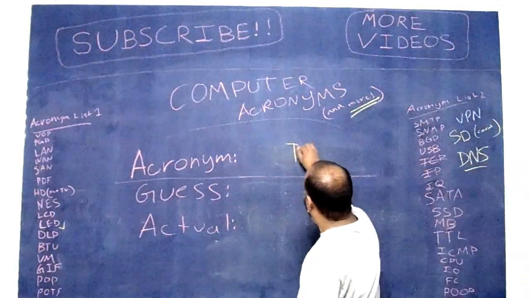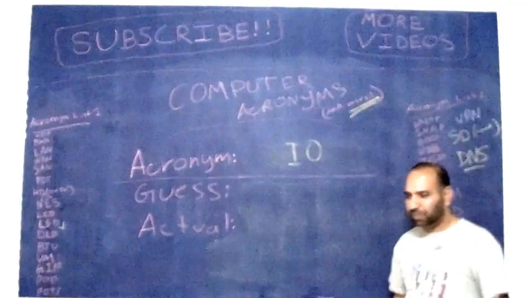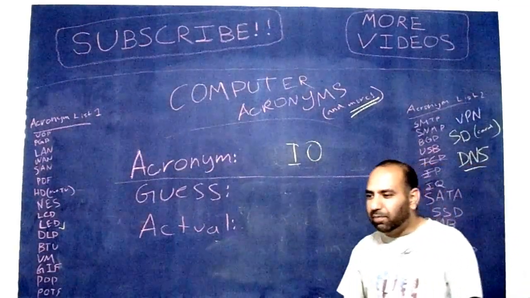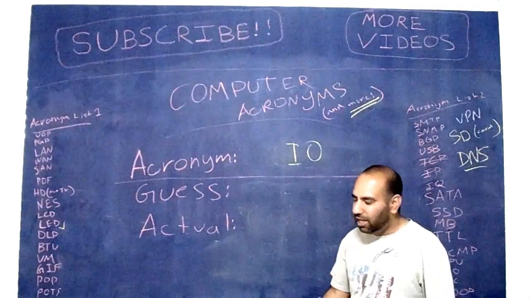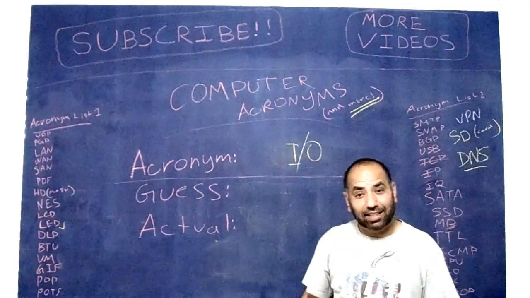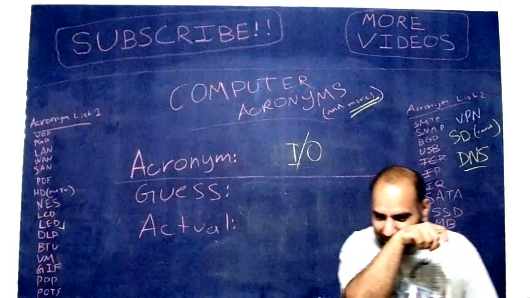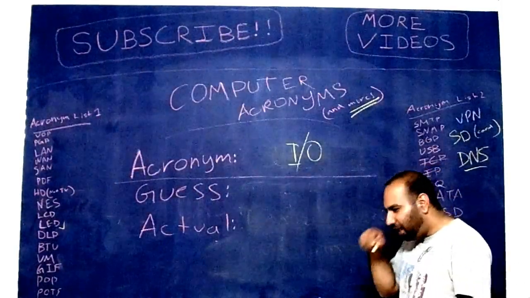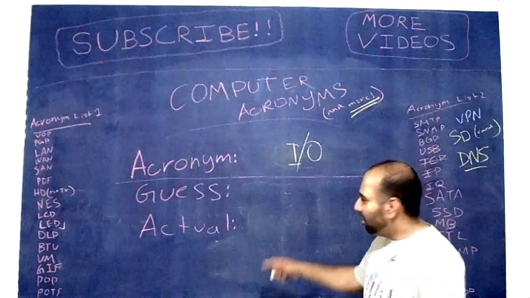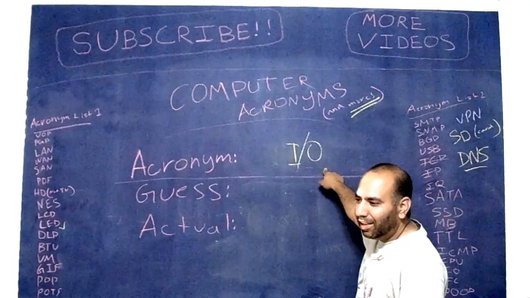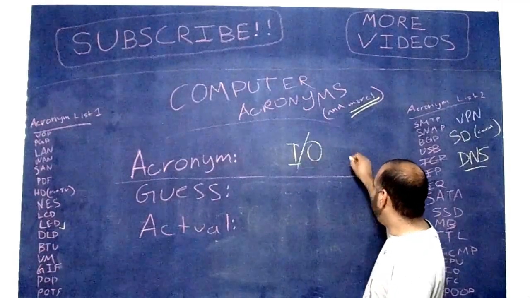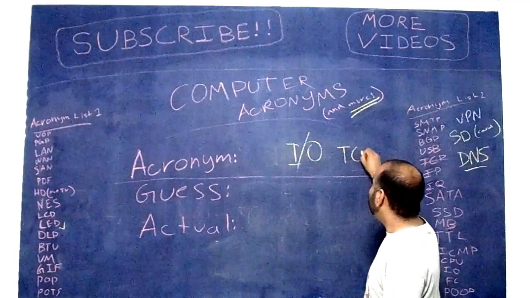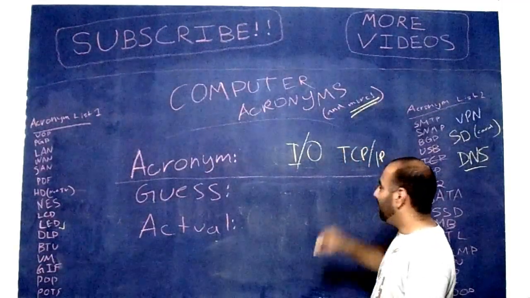Oh, I/O. It's a simple one. It's actually pronounced like this. It's input. So when somebody asks you, hey, could you spell I/O for me? You actually need to spell it like this. It's I slash O. Same thing with TCP/IP.